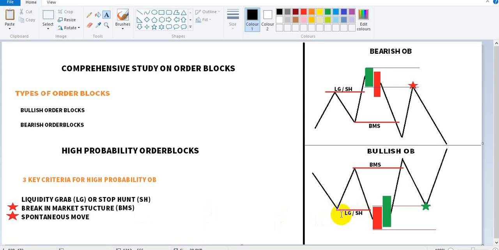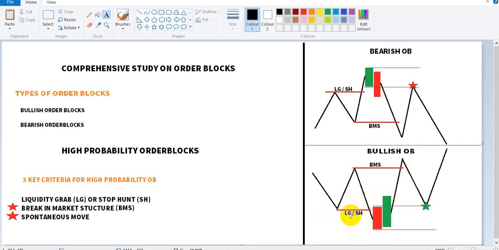Liquidity grab or stop hunt means where price actually challenges a previous structure, like when price takes out liquidity or money from a previous structural low or structural high. When price does that, when they stop hunt or take out liquidity from a previous low or high or a previous pool of liquidity, they gain momentum to move in another direction.